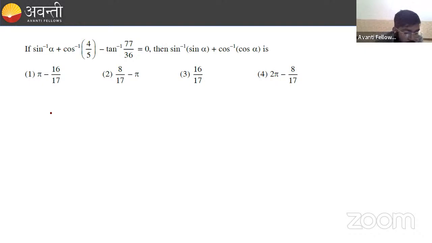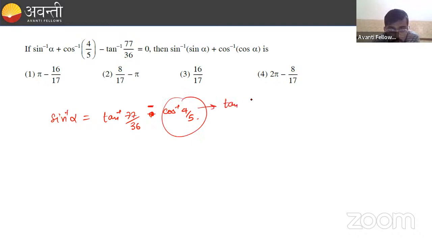In this question, as you can see, we can write sine inverse of alpha as tan inverse of 77 upon 36 plus cos inverse of 4 by 5. So this will be minus. Now cos inverse of 4 by 5 can be written as tan inverse of 3 by 4, right? So we will substitute that.